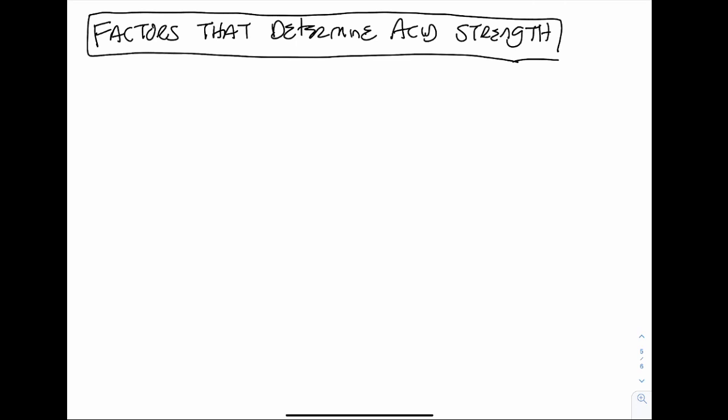So we want to be able to look at the structure of the acids, use the factors that we're going to learn in this section, and reason through it just based on the structure itself without being given those pKa or Ka values.